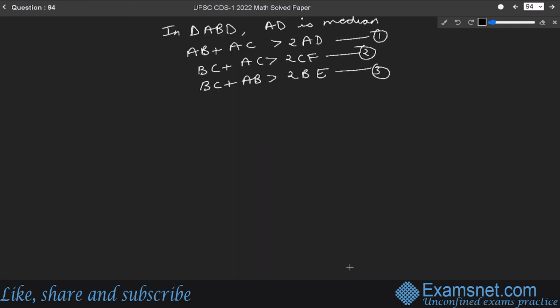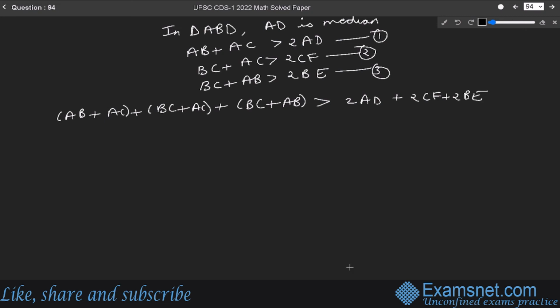So now adding all these three equations, we will get AB plus AC plus BC plus AC plus BC plus AB is greater than 2AD plus 2CF plus 2BE.